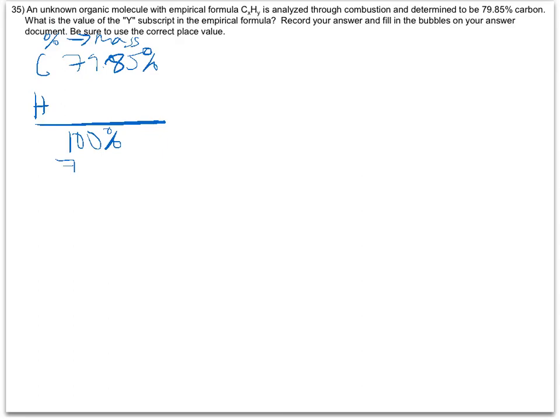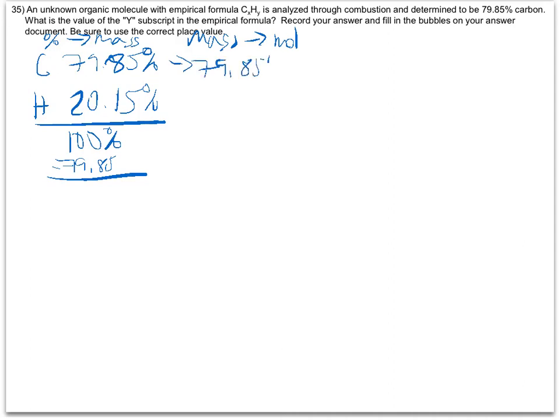So we just take 100 and subtract the 79.85 from it. So 100 minus 79.85 is 20.15%. Once you go from percent into mass, then remember you're doing mass to mole. So this is 79.85 grams, and this is 20.15 grams.